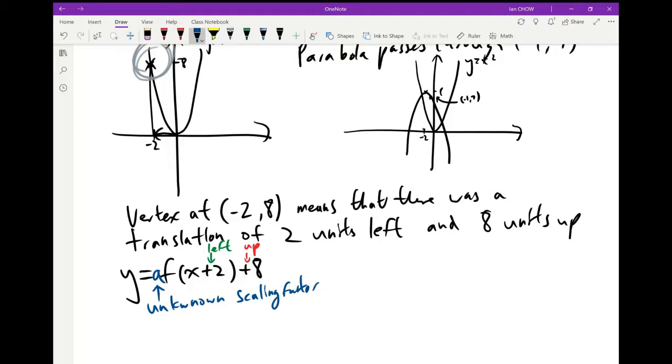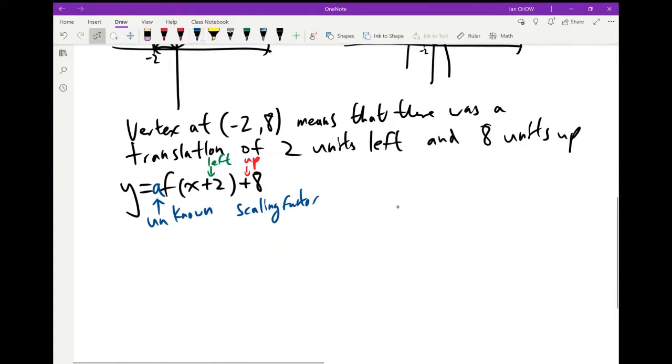Unknown scaling factor. And we have to now find a. So we have to find a using what we now know.